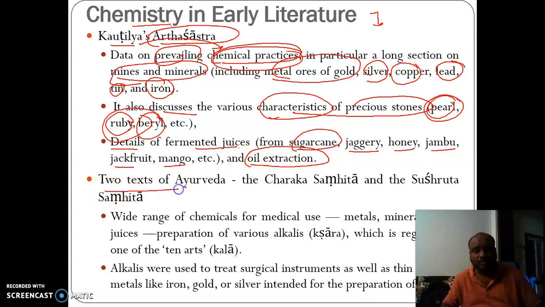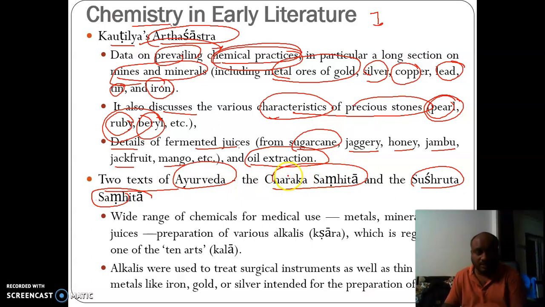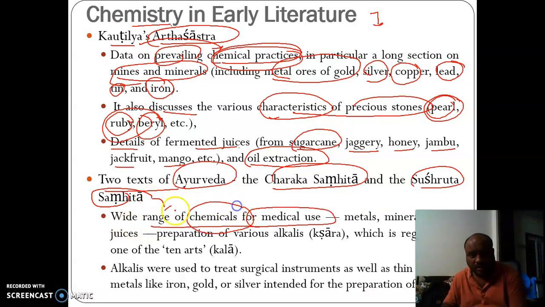Two very famous texts of Ayurveda, that is medical science, are Charaka Samhita and Susruta Samhita. They give details of a wide range of chemicals for medical use, like the metals, minerals, salts and juices required for the preparation of various alkalis.